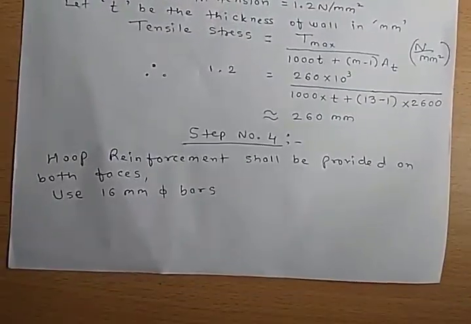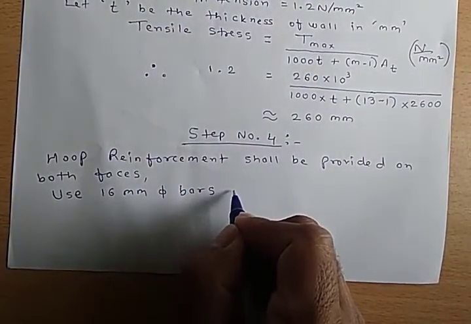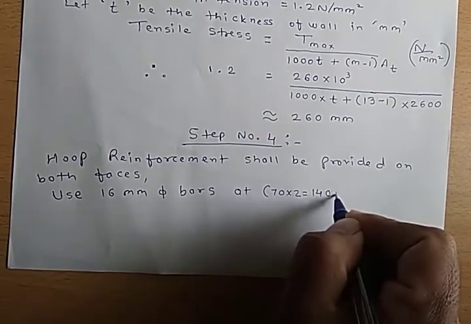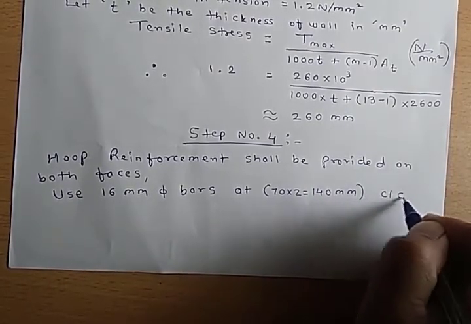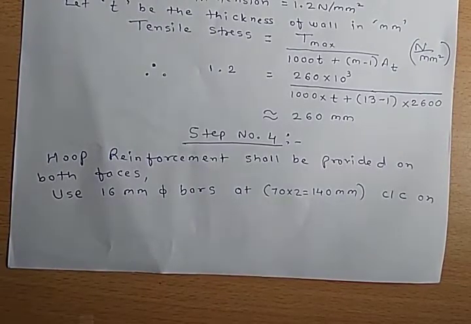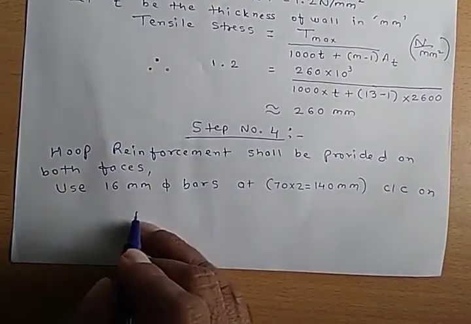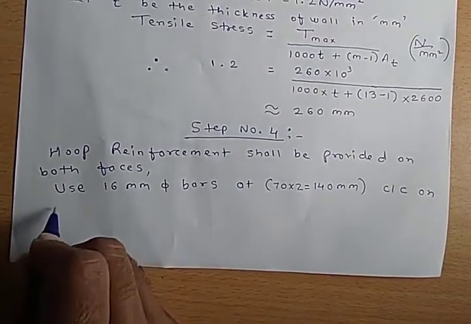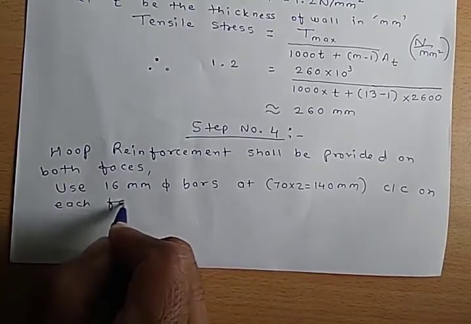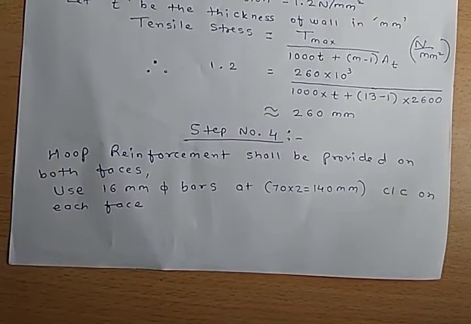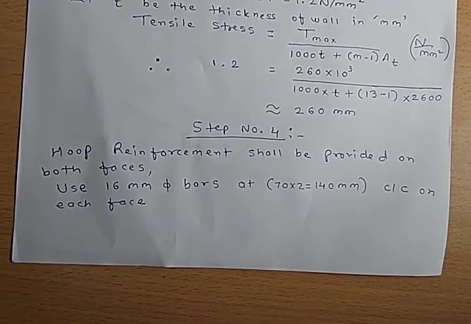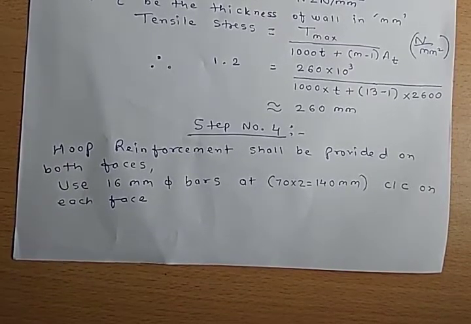Now we are going to provide double, so 70 multiplied by 2, which equals 140 mm center to center on each face, in the other direction.